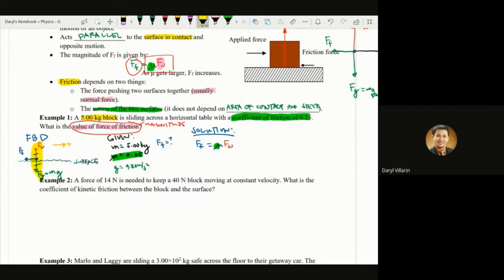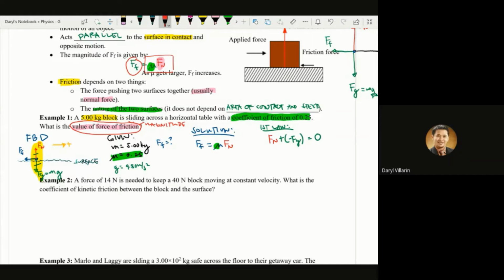Again, that is from Newton's first law. I'm just going to specify that one here. First law: Fn plus the negative of Fg is equal to 0. Net force is equal to 0.